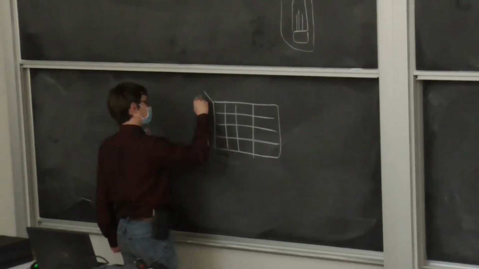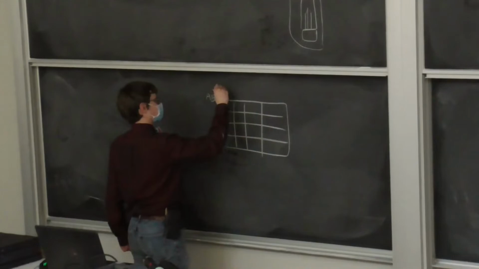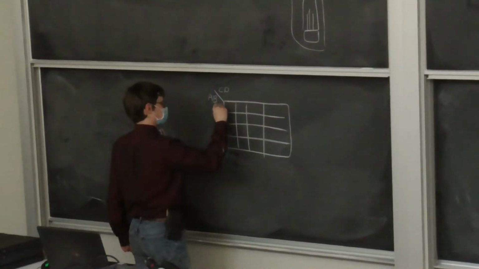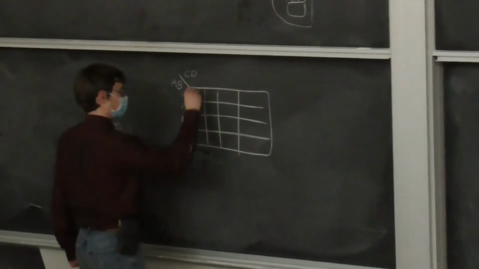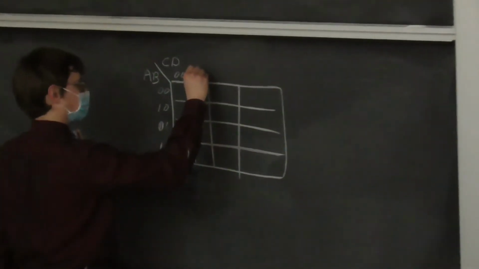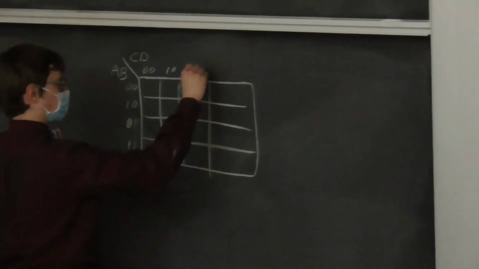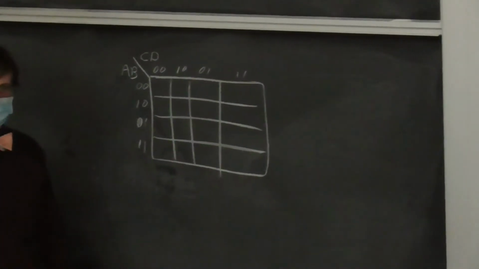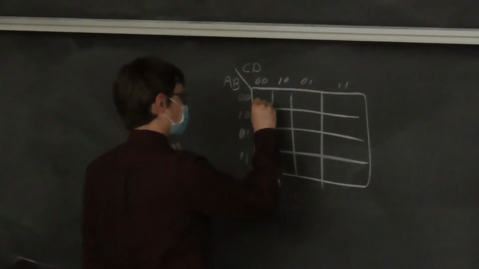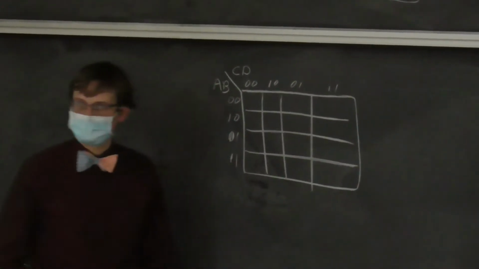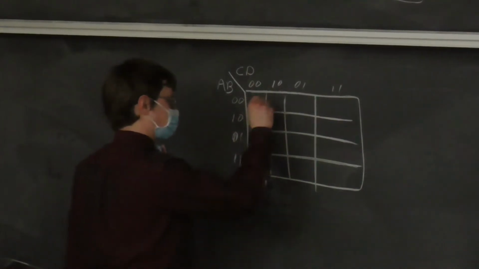Let's say we had A, B, C, D, 0, 0, 1, 0, 0, 1, 1, 1, 0, 0, 1, 0, 0, 1, 1, 1. And let's just call out random binary digits. 10 isn't a binary digit, come on. All right, fine, 10.